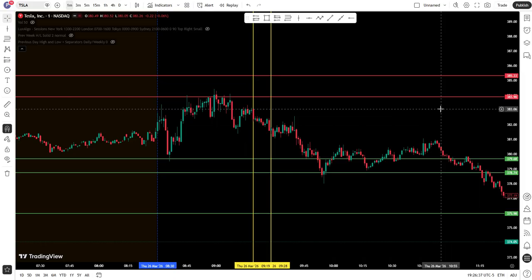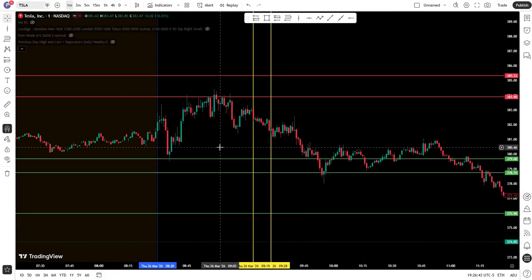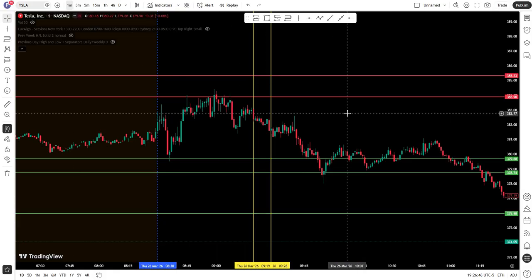This TradingView chart is just of normal Tesla, but you can use a Tesla chart to trade Tesla ETFs because the ETFs are basically derived from Tesla's price movement, essentially.